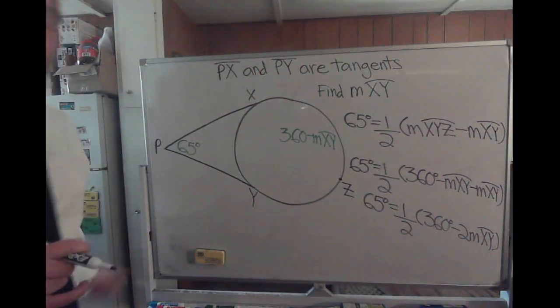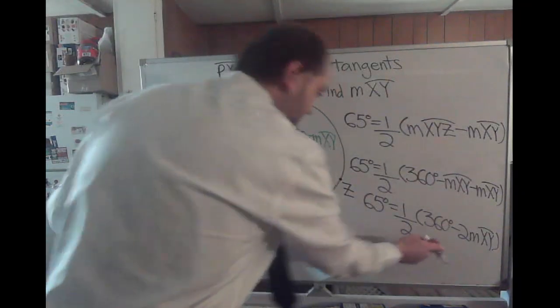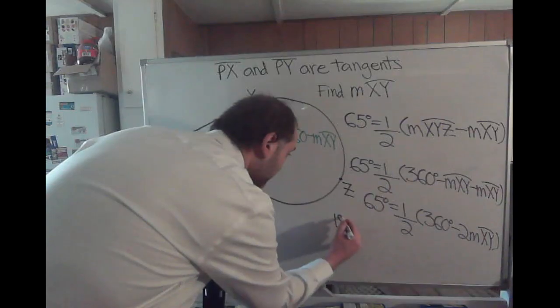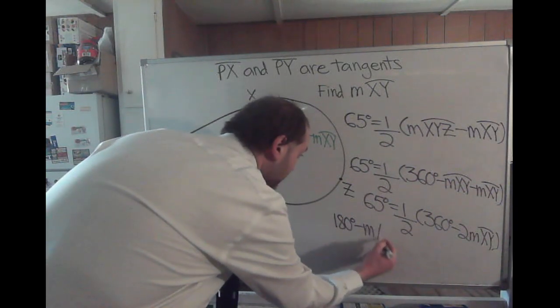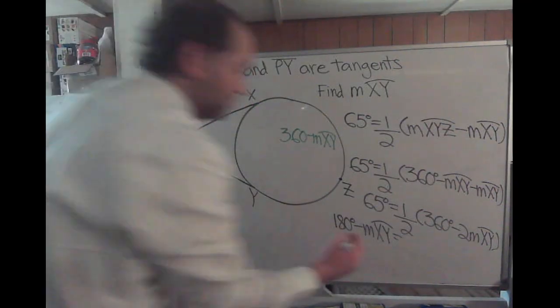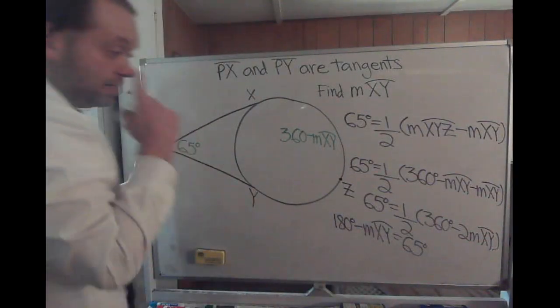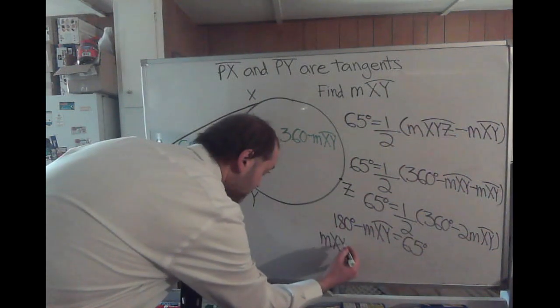And believe it or not, we are close to done with this. Distribute your half on the right hand side, you'll end up getting that 180 degrees minus the measure of arc XY is equal to 65. And now we can simplify this and find the measure of arc XY.